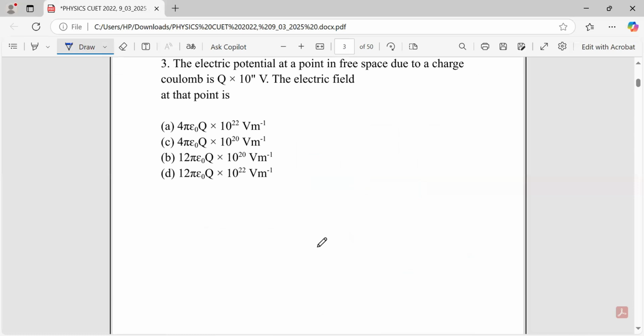He says the electric potential at a point is Q into 10 is by 11 volt. What is the electric field at this point?